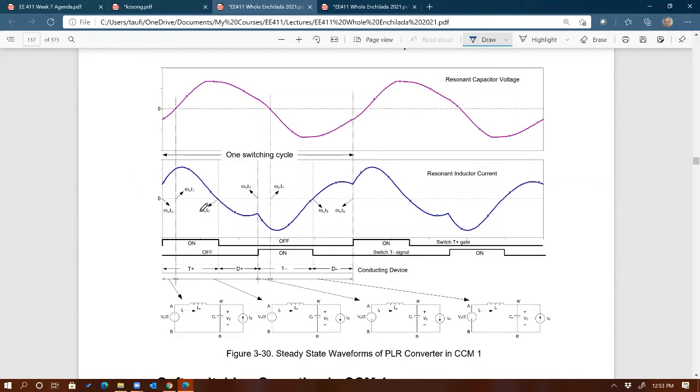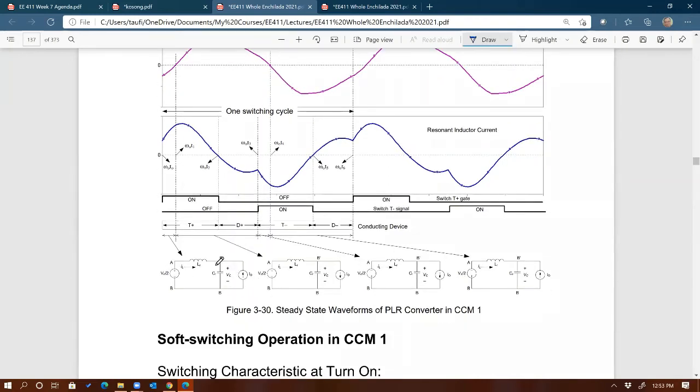So you can see the quality of the sine wave is better here with CCM1. And in CCM1, take a look at the states. Now we have 4 states, not 5. Oh wait, before it was 4 as well. 4 states, and all 4 are resonant.